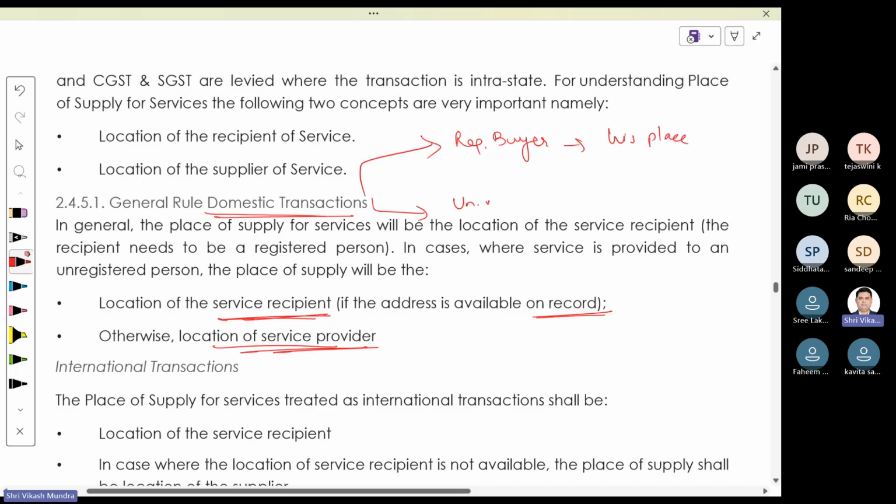Where the buyer is an unregistered buyer, if his address is in my record, his address is known to me, then his place is the place of supply, and if there is no address in my record, then my place would be considered as the place of supply. Done.